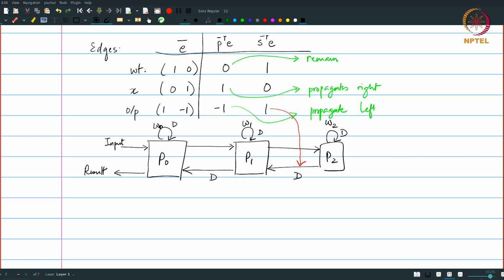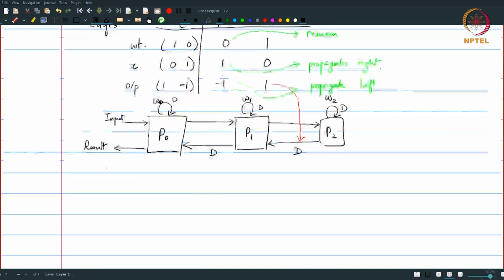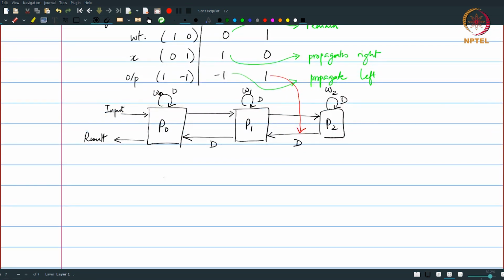Once again, does this remind us of any architecture that we are already familiar with? Let's try and do that also. What we can say is, because of the zeros on these edges that we have over here, I can essentially draw them as one single straight line.